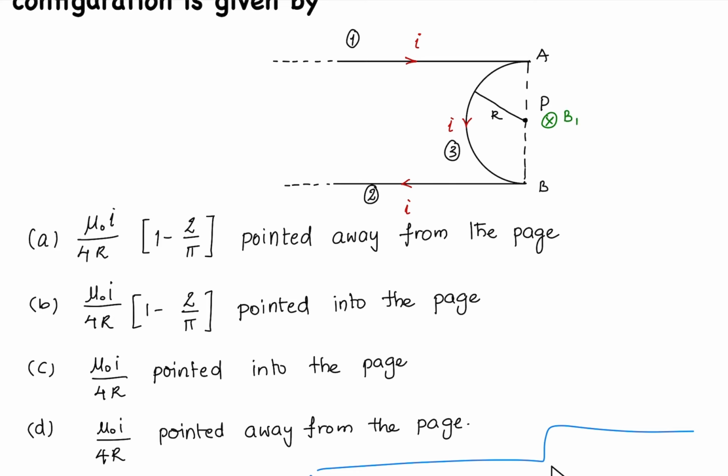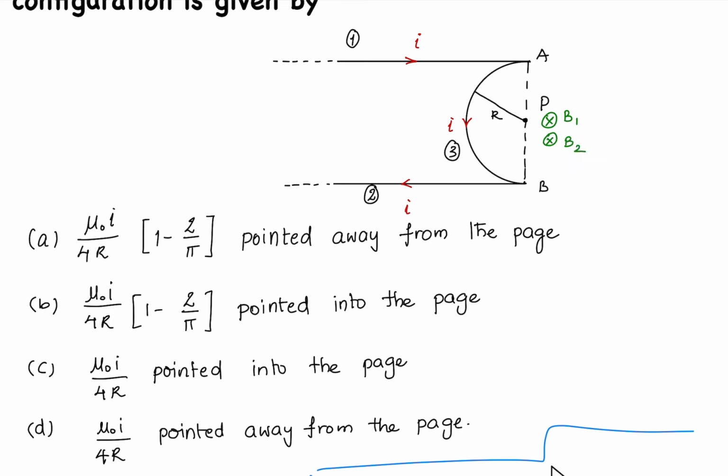Similarly, if you take the current carrying wire 2, where current is carried in this direction, and take the direction of the current along the thumb, the curling fingers will give you the direction of the magnetic field at the point P, which will be B2.